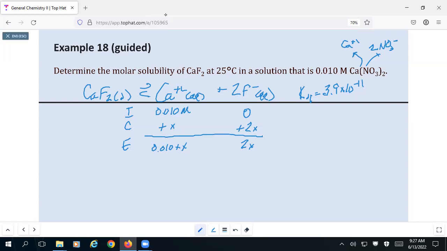So as we are solving this out, 3.9 times 10 to the negative 11th is equal to 0.010 plus x times 2x quantity squared.